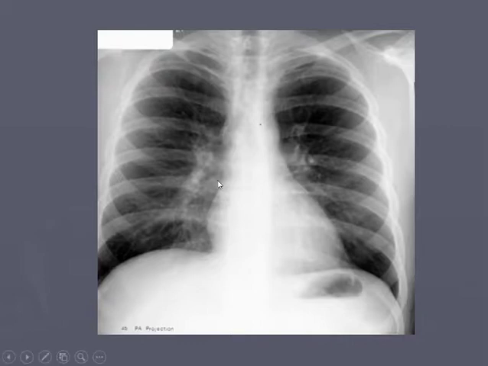The other thing you have to watch out for is projection with the cardiac shadow. Sometimes the cardiac shadow will look artificially large. Remember the example I mentioned before about hand puppets, shadow puppets. That's an apt example here, because if you look down here, it says PA projection.